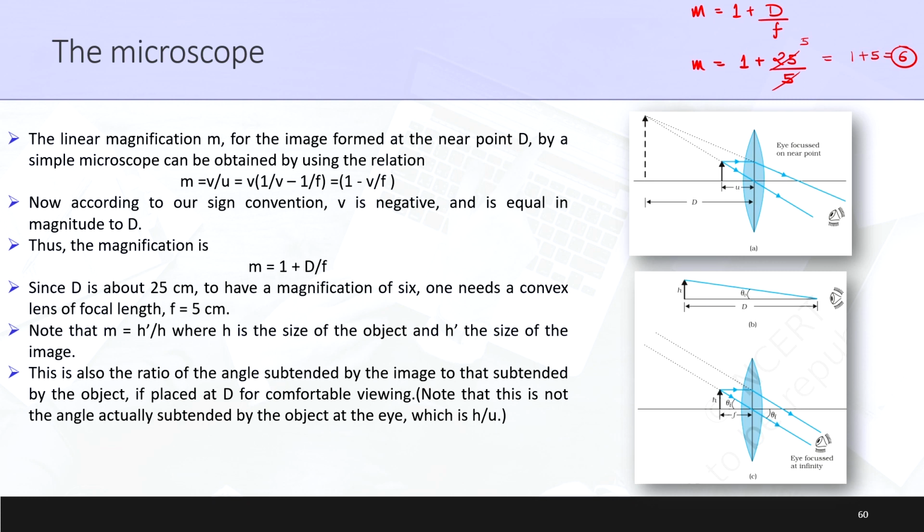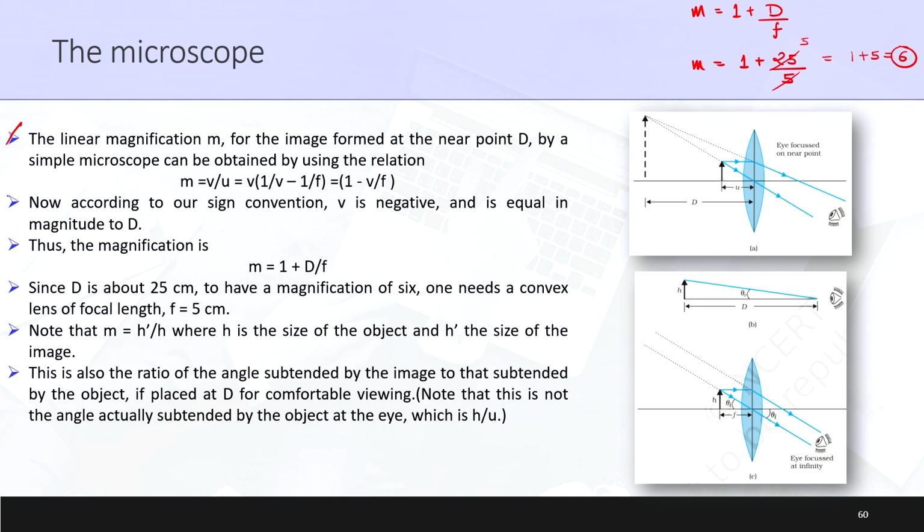This is simple mathematical formulation following the definition of magnification: the ratio of angles subtended by the image to that subtended by the object.